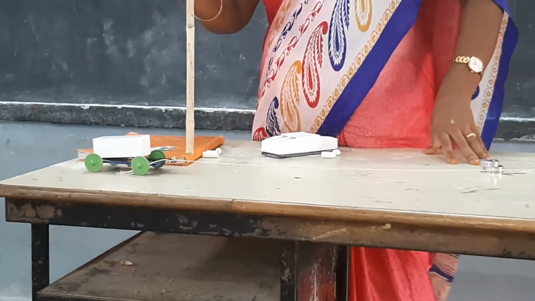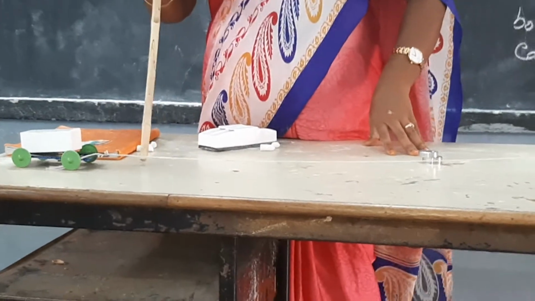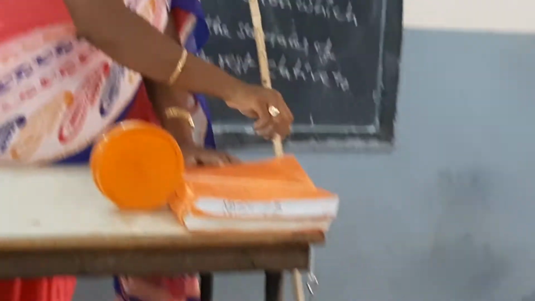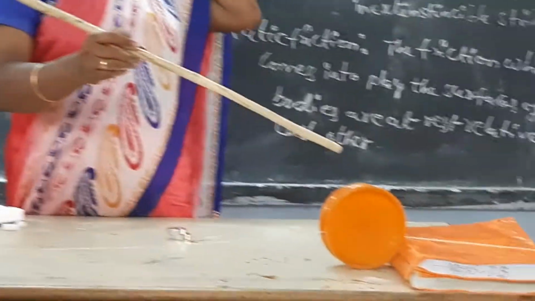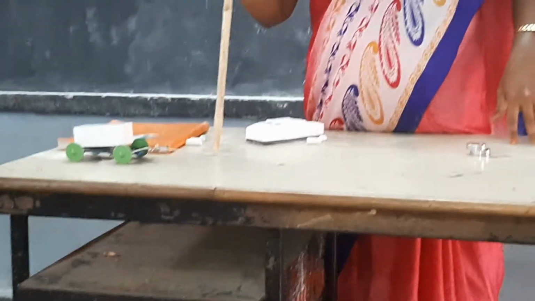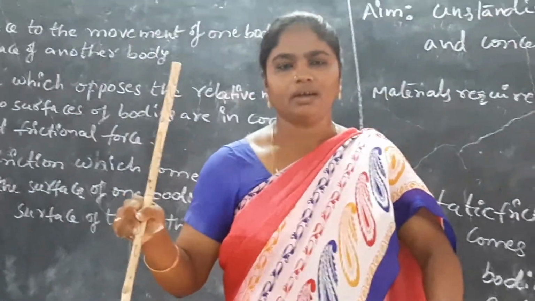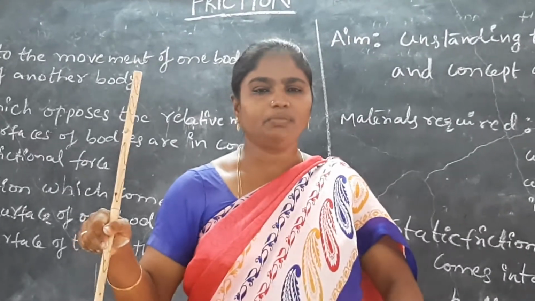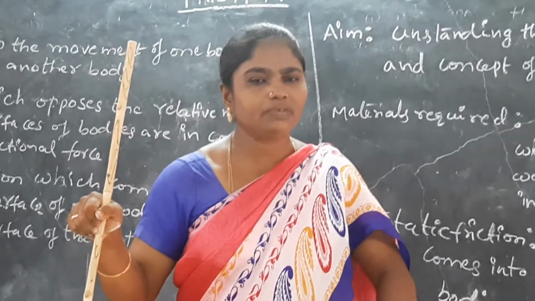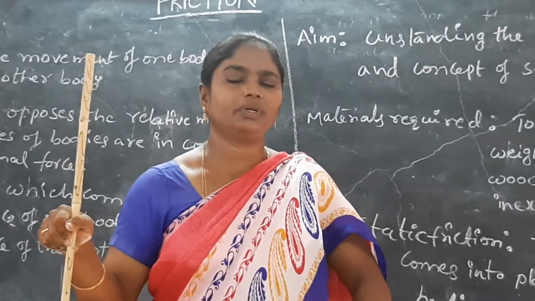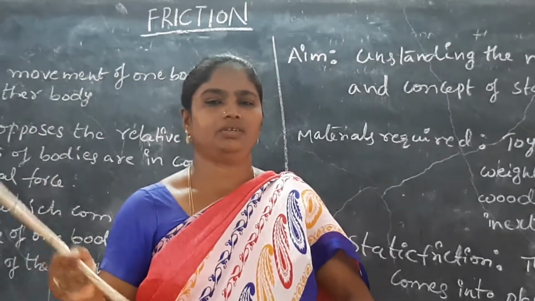The inextensible string is tied to the trolley and the weight hanger, and passed over the pulley. Then we identify there is no change in the position of the wooden block and trolley, that is, no relative motion between the trolley and wooden block.